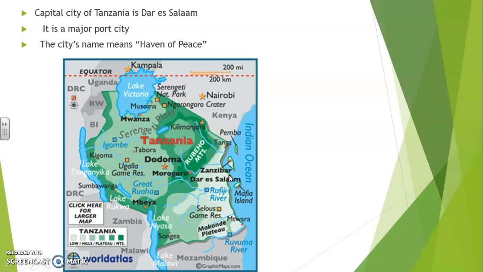Dar es Salaam means haven of peace. So they wanted to bring the idea of friendship. The city is a very beautiful harbor, and maybe you'll see pictures of it when you watch the video later on this week. And here are those three islands, Mafia, Zanzibar, and Pemba. So Dar es Salaam.